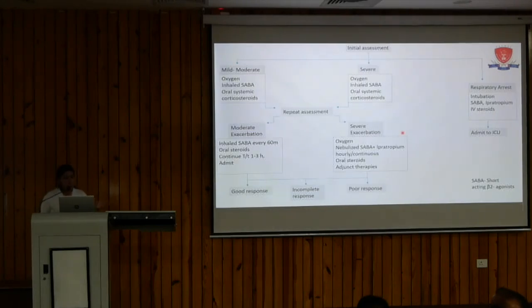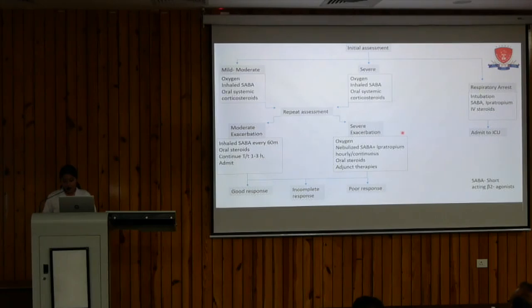Now, let's discuss this flowchart, which outlines the stepwise management of asthma exacerbation. After we do a quick primary survey of ABCD, we start by performing an initial examination in which we take a detailed patient history, do a physical examination, and other tests. Mild to moderate and severe asthma is treated by supplemental oxygen, SABA, or short-acting beta-2 adrenergic agonists, and oral systemic corticosteroids.